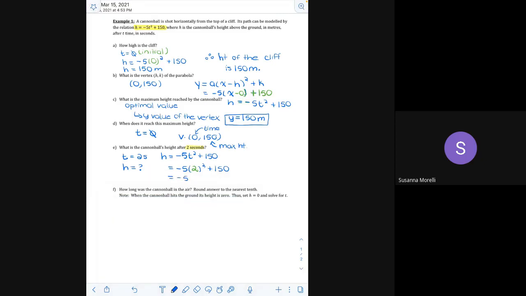This is -5, 2 squared is 4, plus 150. So -20 plus 150 is 130 meters. Okay, so therefore the height after 2 seconds is 130 meters.